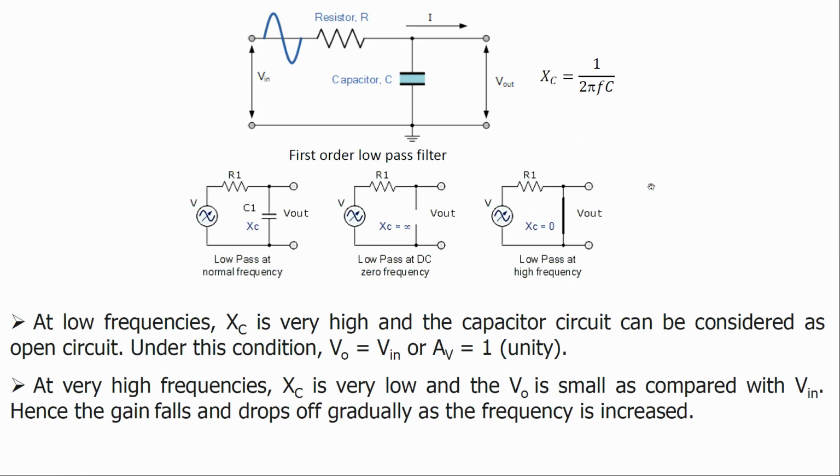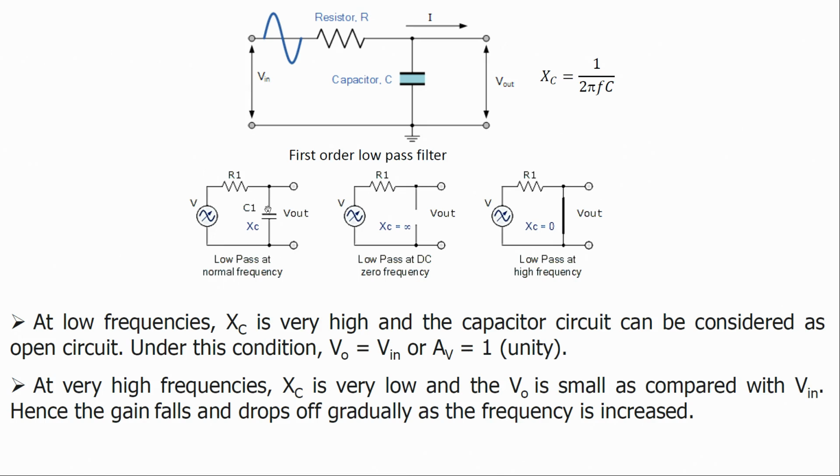Now, when you want to design a first order low pass filter, the resistor comes at the start and then there is a capacitor. So, the signal passes through the resistor and capacitor in this fashion. Xc is nothing but 1 by 2 pi Fc. So, in a low pass filter, what will happen?